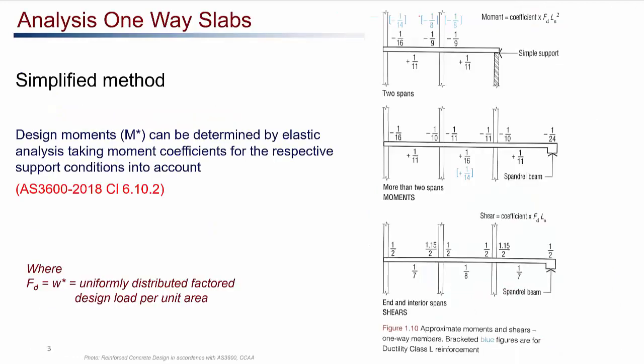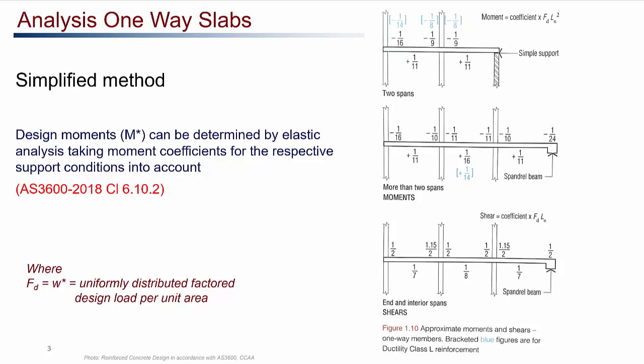The moments in one-way slabs can be determined from different methods, but we'll be using a simplified method in this lecture. In the simplified method, we use moment coefficients to find the moments at different supports depending on their support conditions. For example, if the support condition is shown here, we use the moment coefficients to find the moment at the supports or moment at the middle spans as well.